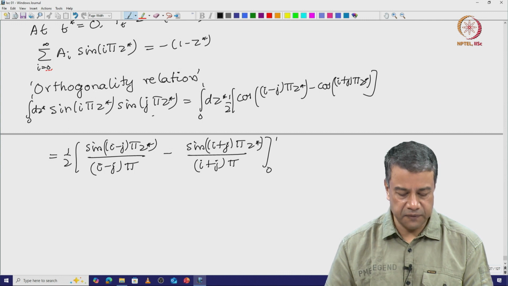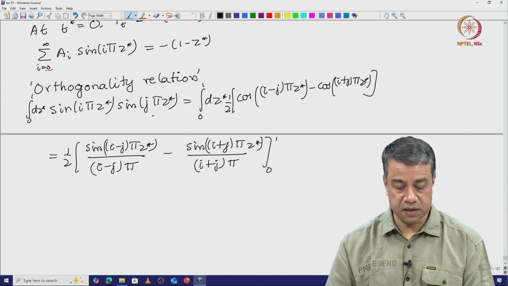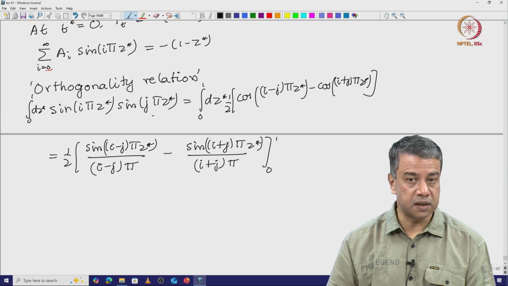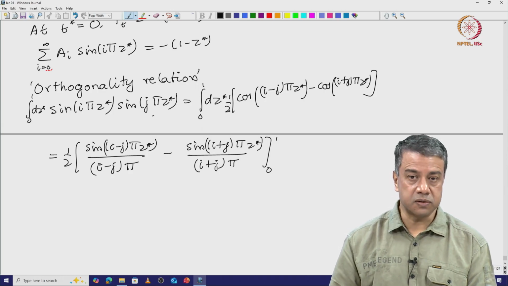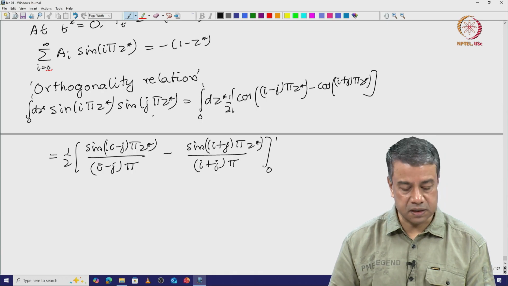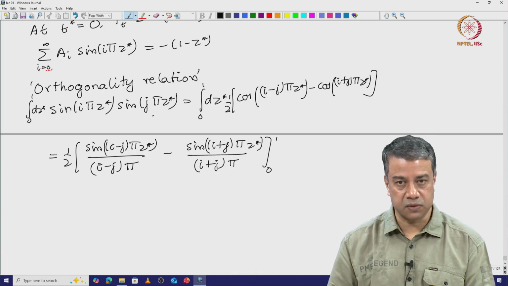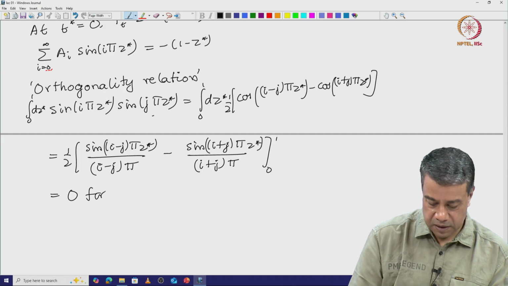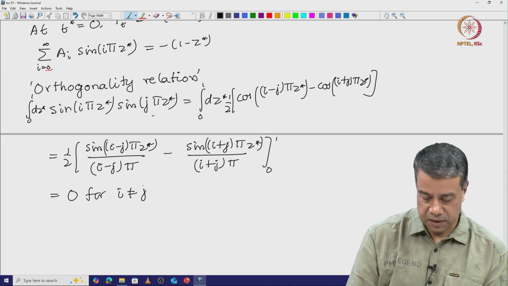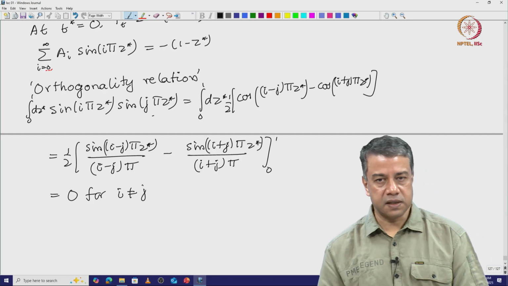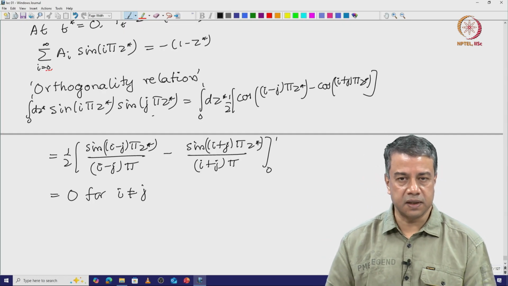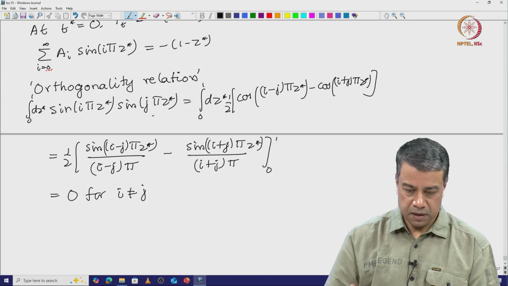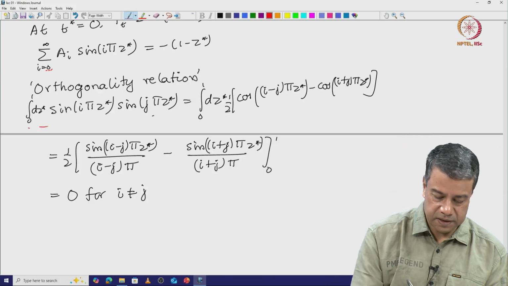And you can easily verify that for integer i and integer j, at 0 the entire term is equal to 0. At 1 also, if i and j are integers, this is equal to 0. So if i is not equal to j, the entire integral is equal to 0. This is the product of these sine functions.